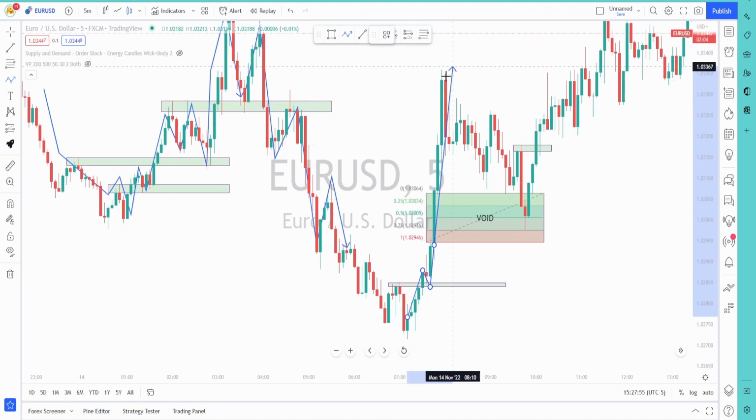There's a lot of movement here. I'm not sure what was going on at that specific time. Price comes up, comes back down. Now you can see that it's starting to change direction. What I see here is you can see this area here was a big void within these two candles here.